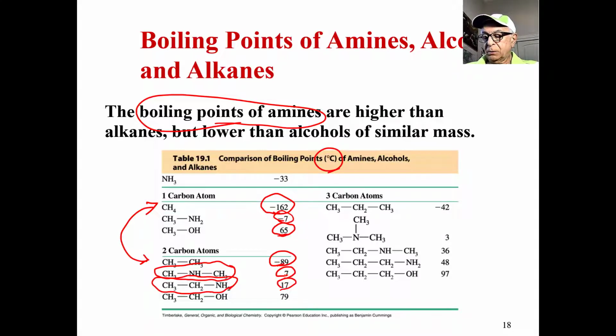Why? The reason is that one of them can make one hydrogen bonding. It has got one hydrogen. The other one, which has got two hydrogens on N, can make 2 times more hydrogen bonding. That means more interaction between molecules. That means there is more demand for temperature to break these bonds. Boiling point goes up.